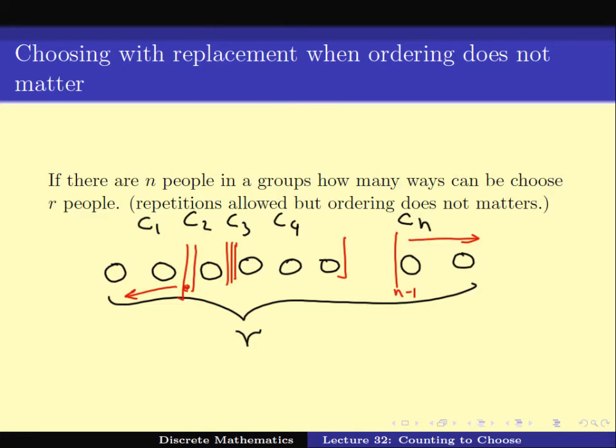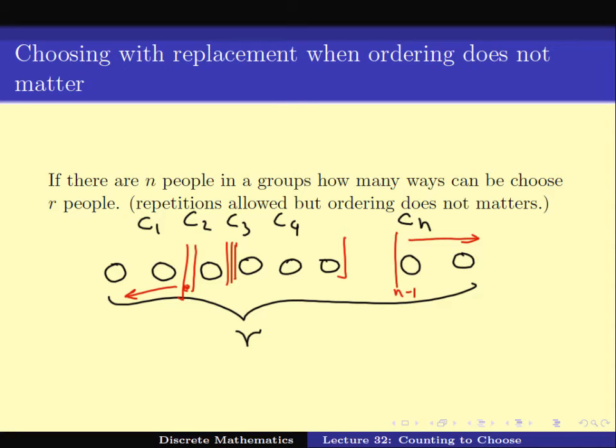So a particular arrangement of these round circles and straight lines indicates the following: since there are n minus 1 bars or straight lines, I have n intervals in between, and they indicate the number of times the ith constable's name is in the group.